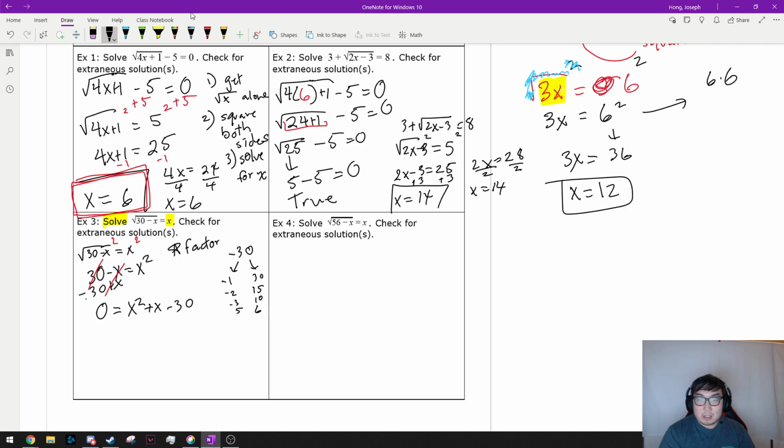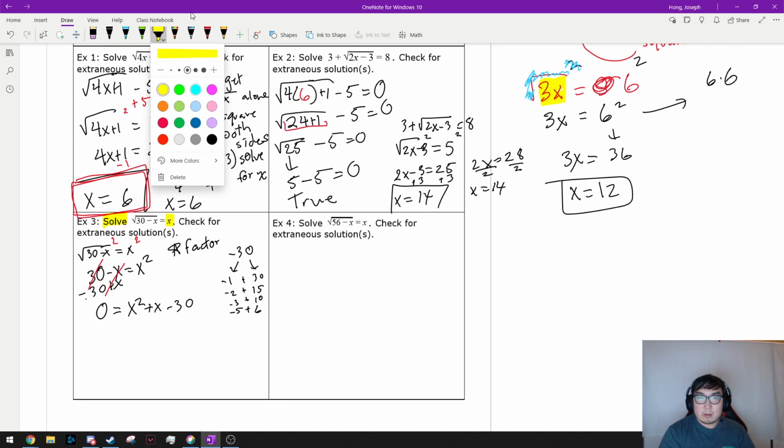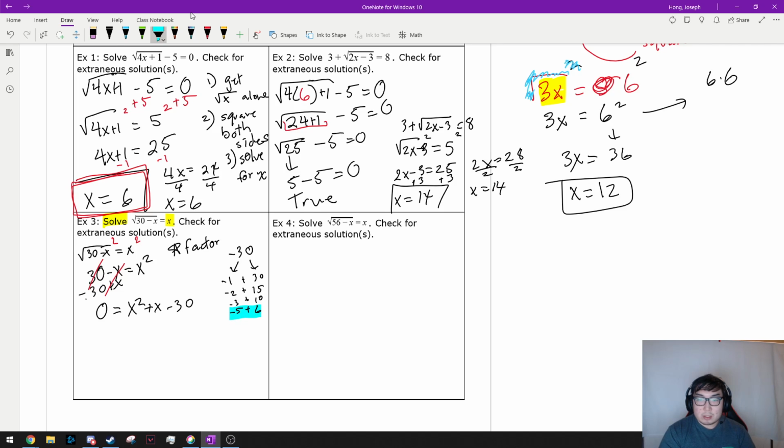So all of these are negative. I add these all up together, and this one works right here. So 0 is equal to x minus 5, x plus 6. So x equals 5, x is equal to negative 6.